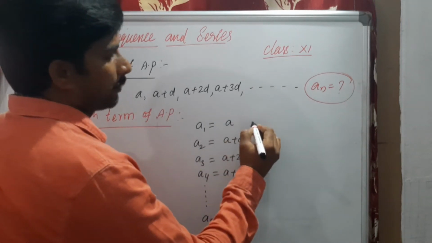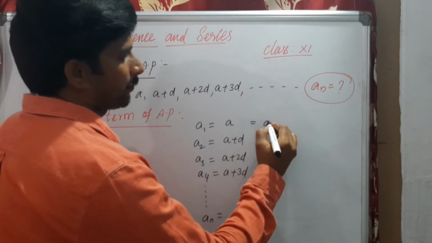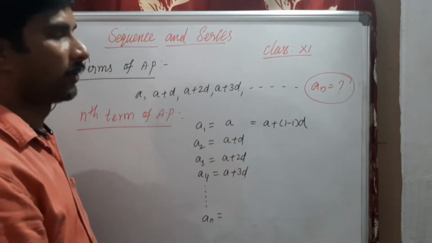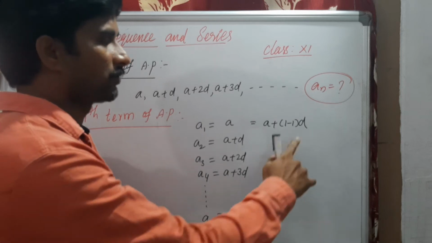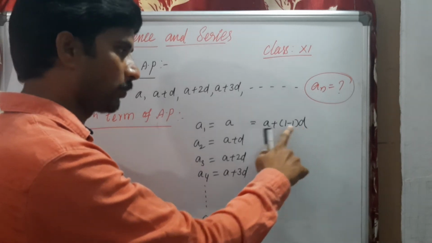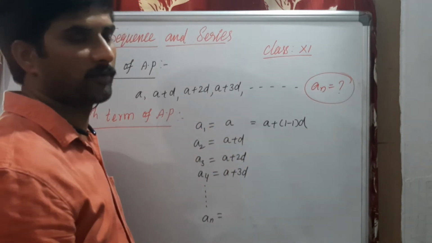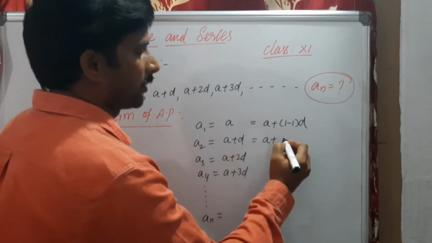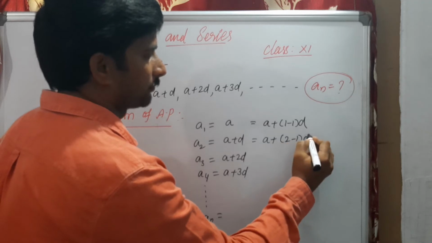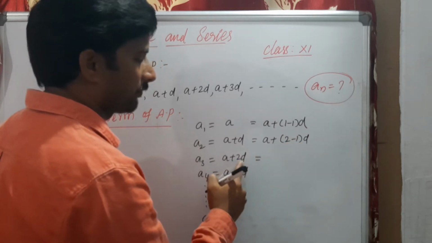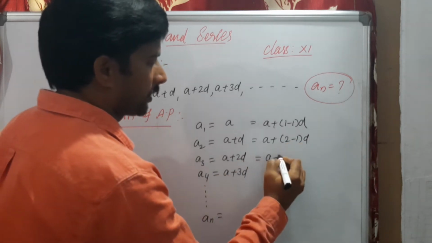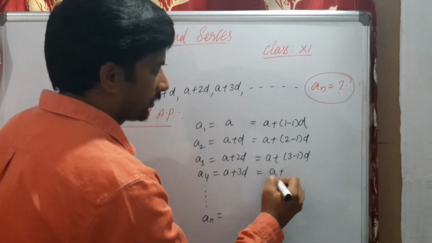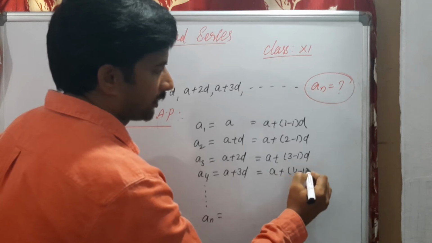So this a can be written as a plus 1 minus 1 into d, since 1 minus 1 is 0, 0 into d is 0, 0 plus a is equal to a. For our convenience I am writing this. So a plus d can be written as a plus 2 minus 1 into d. Similarly, the coefficient of d here, 2, can be written as 3 minus 1 into d. So this 3d can be written as 4 minus 1 into d.